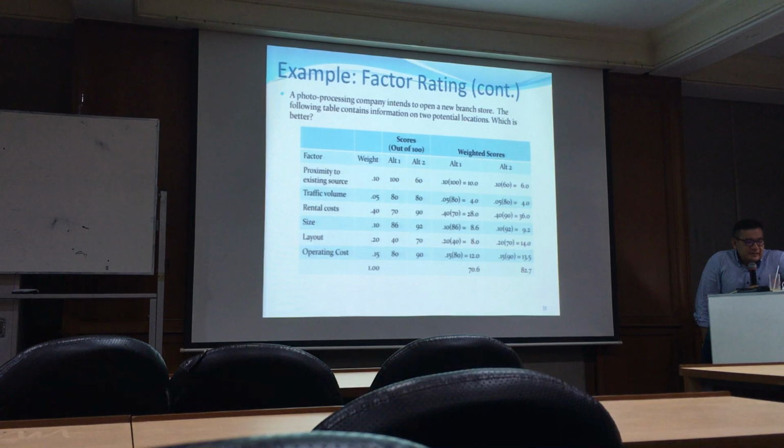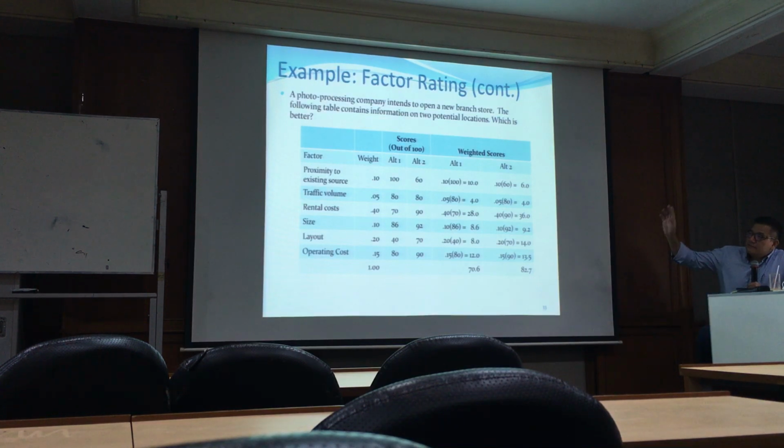And the second one is 82.7. So in this case, 82.7 is a greater value than 70.6. So based on the factor rating method, you might choose alternative 2 because it provides the highest score. This is why it is a popular method: you just think about what kind of factors are important, and then you give the score.